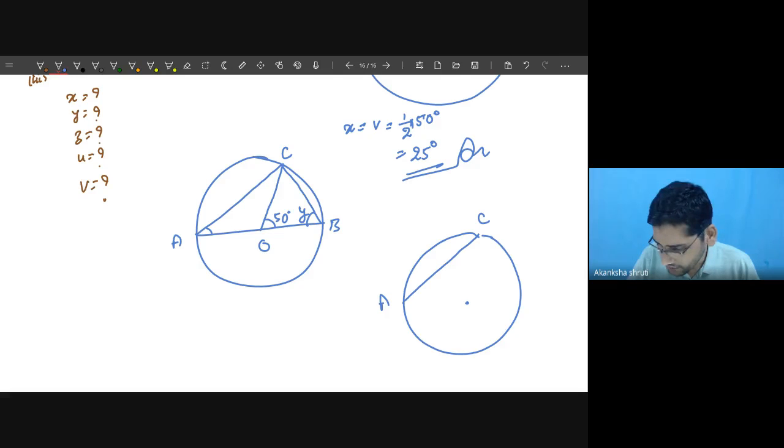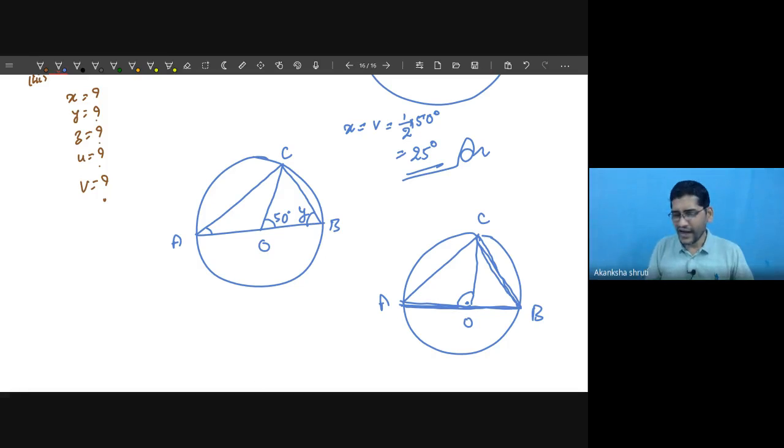The center is O. Joining this A and C at the center, we are getting this angle. And extending this AO to B, then going to C, these two angles are formed over the common chord AC.